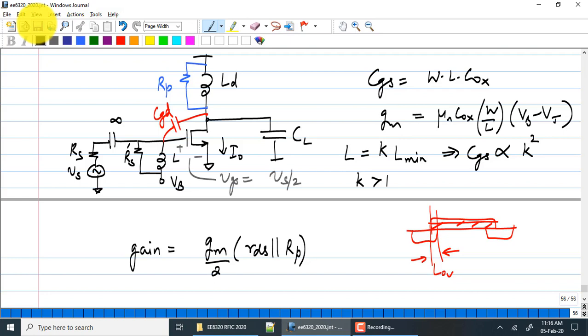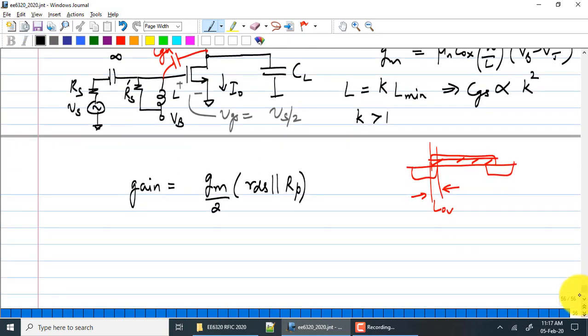If CGD were not there, everything looks great, but the minute you add CGD, there is a feedback path. At some frequency the amplifier can become unstable, because if this LNA had very large gain, you would have current flowing through that capacitance, which would depend on the output voltage.